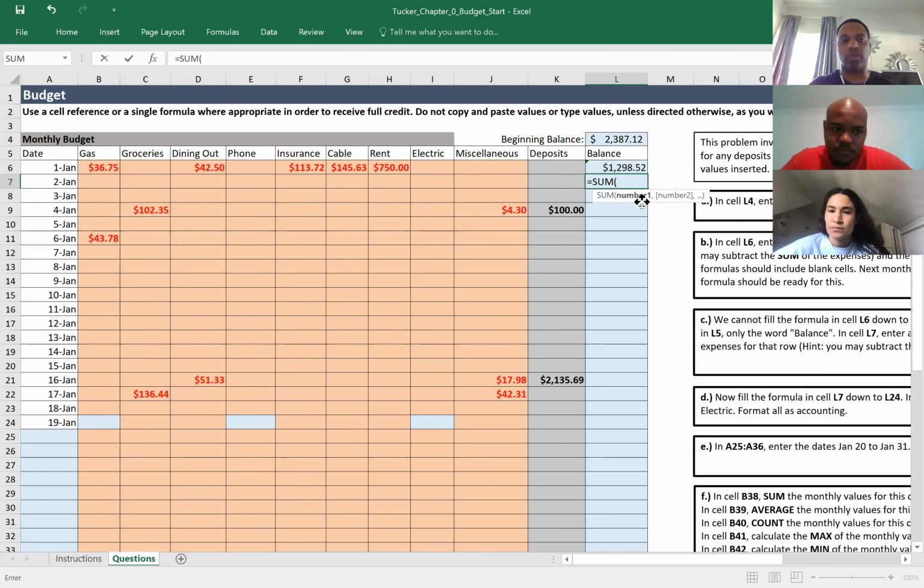I'm just showing you an example. This is B6. I'm going to erase this B6 to, let's say, H6. Close the parentheses and hit enter. And that will add up all of those values from B6 to H6.